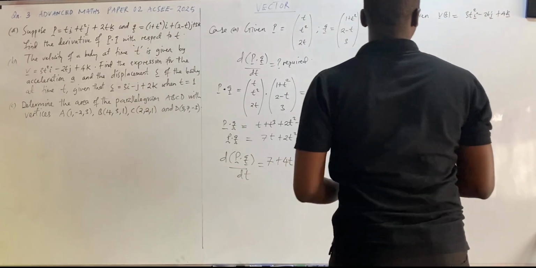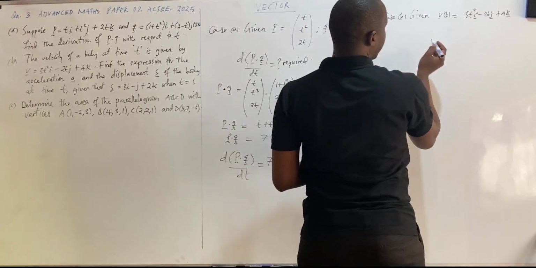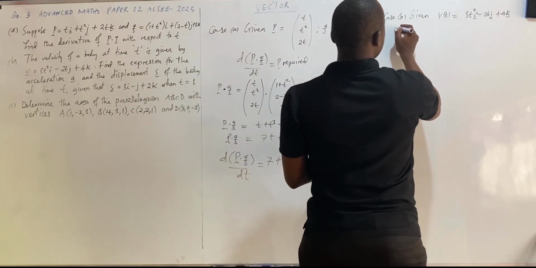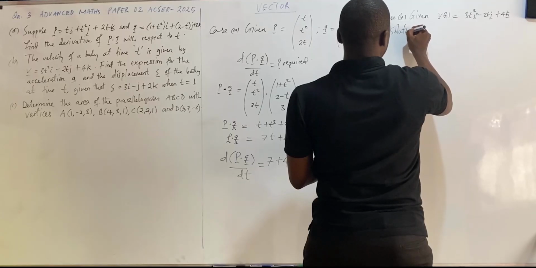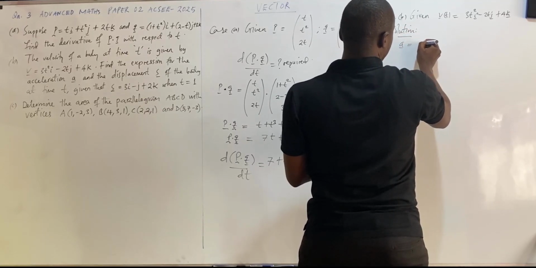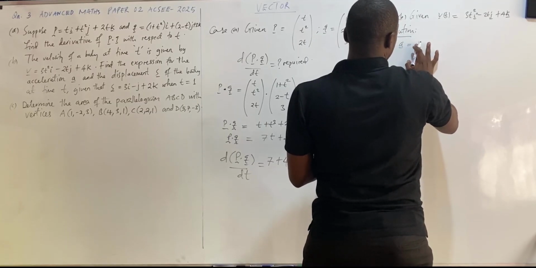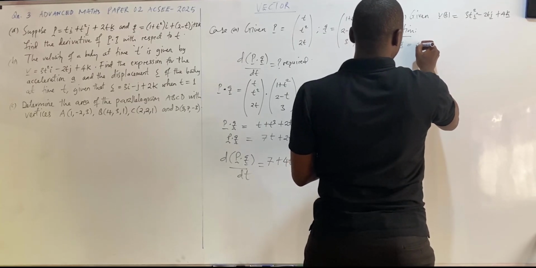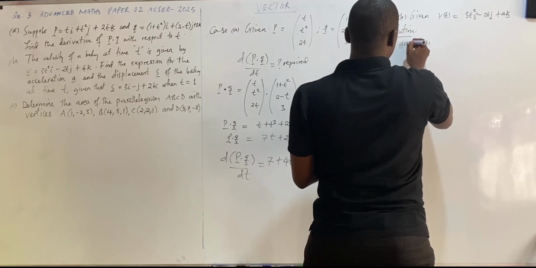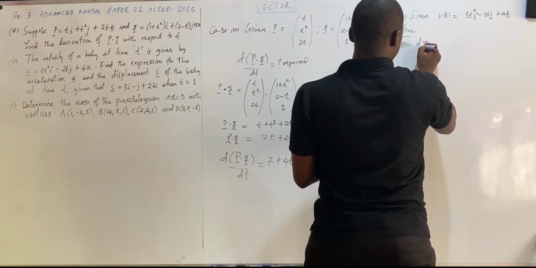From there, if we need acceleration, we know from kinematics that acceleration equals the derivative. If we differentiate the velocity function, we get the acceleration function with respect to t.